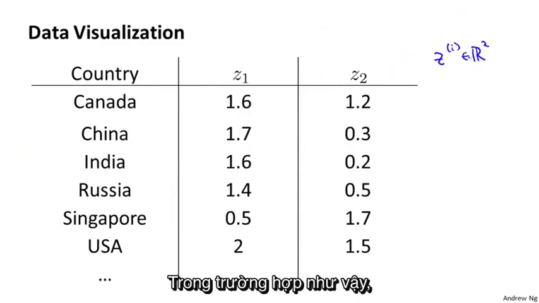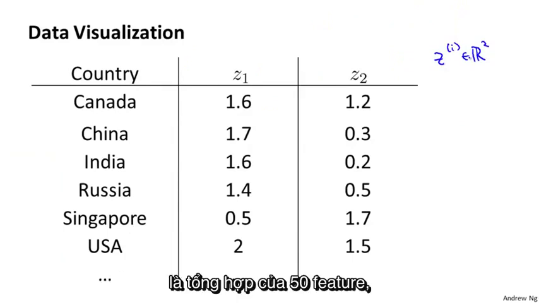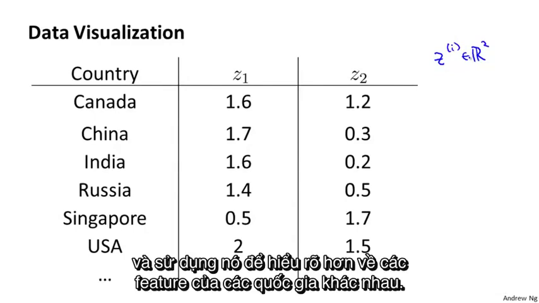If we can have just a pair of numbers, z1 and z2, that somehow summarizes my 50 numbers, maybe what we can do is then plot these countries in R2 and use that to try to understand the space and these sorts of features of different countries a little bit better.